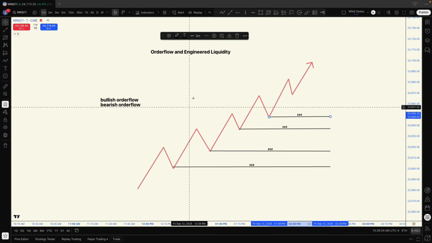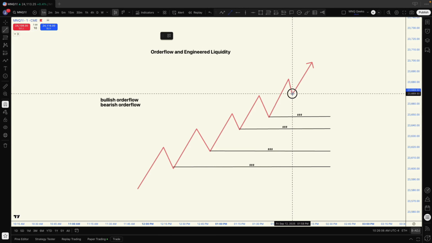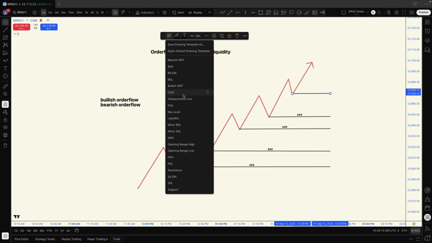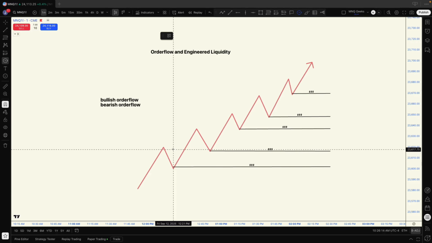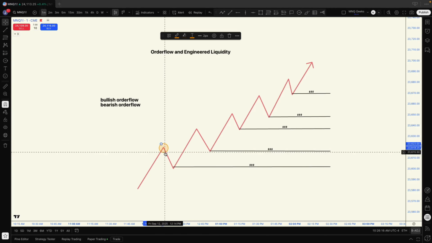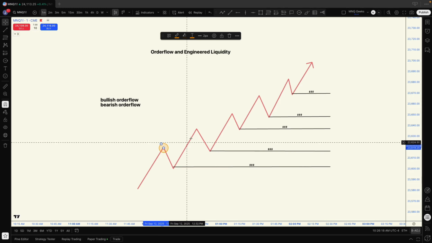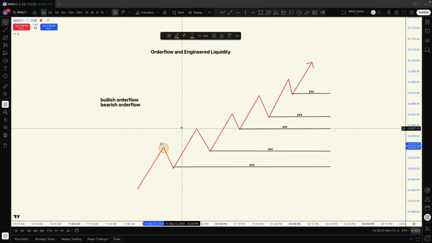Maybe I shouldn't have done so many, but all right, almost done. So obviously with these highs, in bullish order flow, we're going to take out all these highs as we come higher to make higher highs.